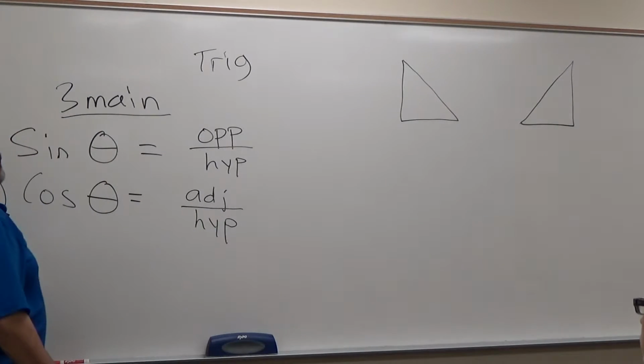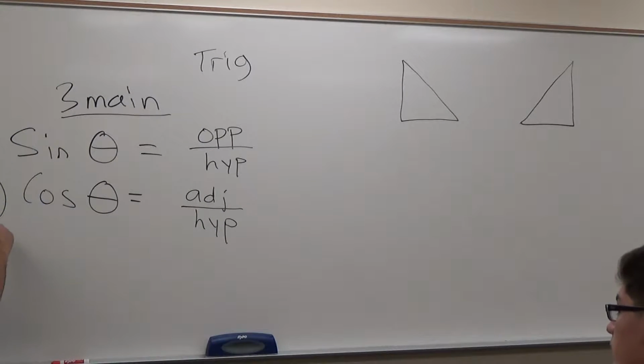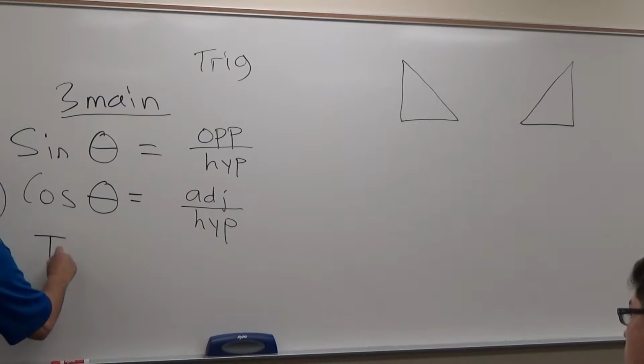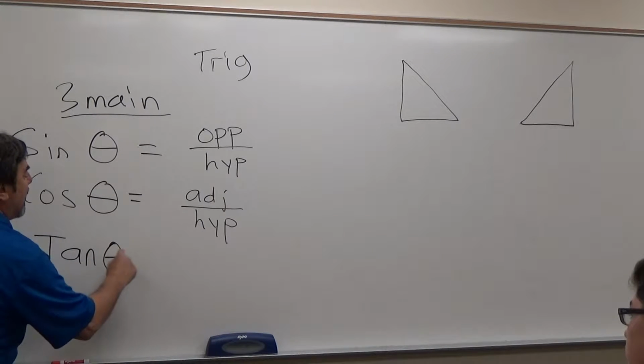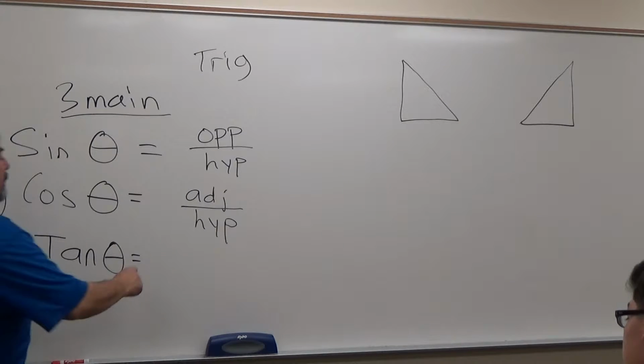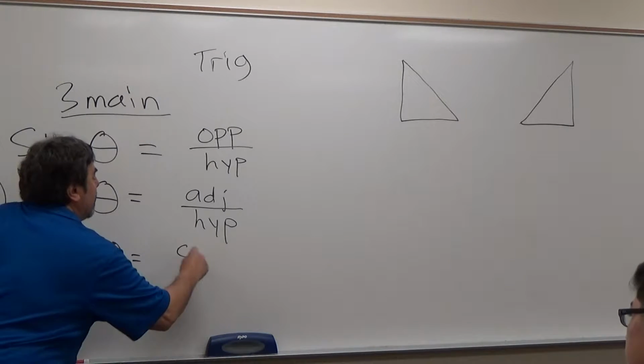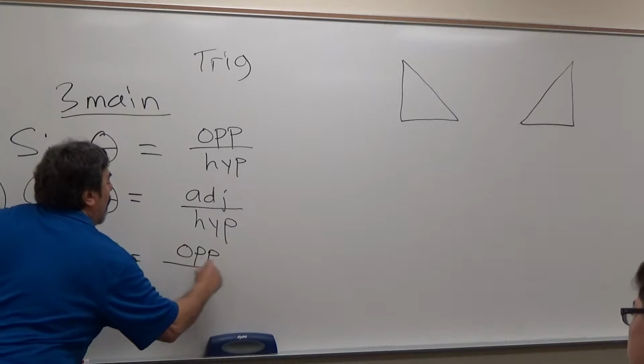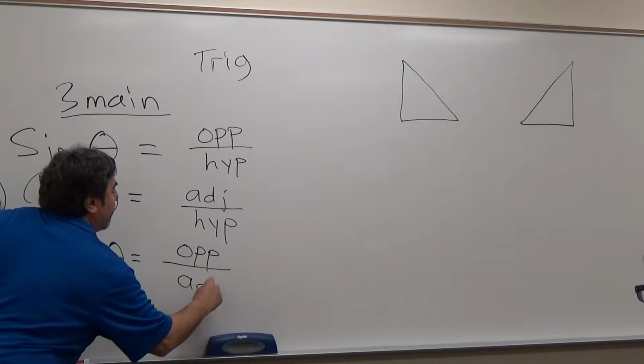And the third main trig definition is the tangent. Even though I'm using TAN, you're going to read that as tangent of theta. Good. And the definition of tangent of theta is opposite over adjacent.